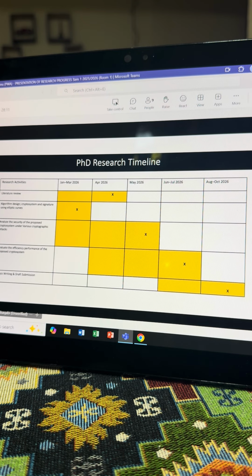In the next stage of my PhD, I will focus on completing these analyses and demonstrating that the proposed model can be a practical candidate for real-world secure applications in IoT and similar environments.